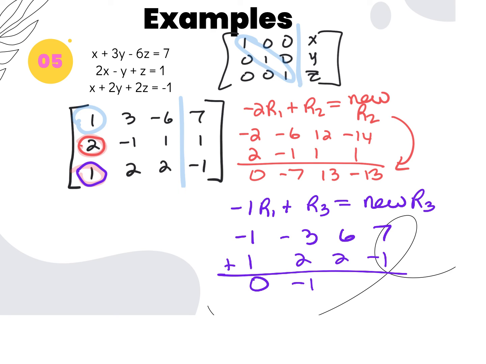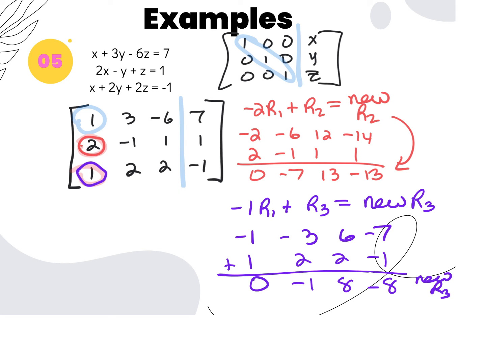Zero, -1, 8, negative. There should be a 6. Right, -7. So then this becomes a -8. All right, they're good so far. This is my new row 3.